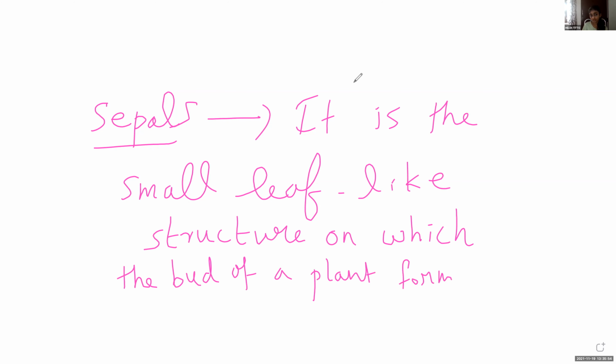So once this bud is opening, it is turning into a flower. Bud means before it is blooming into a flower, you will get the buds, like a shoe flower bud, rose buds. So the sepals are that leaf-like structure on which the bud of a plant forms. Ma'am, it is usually green in color. Yes, it will always be green in color.